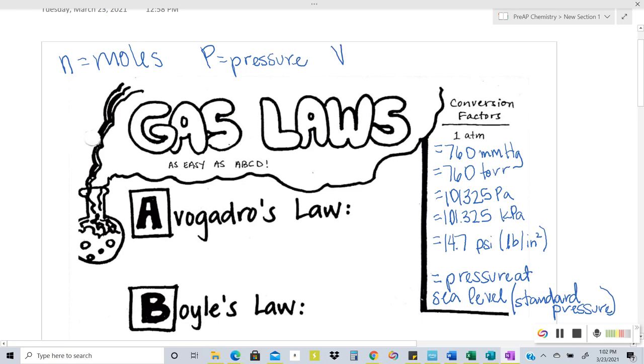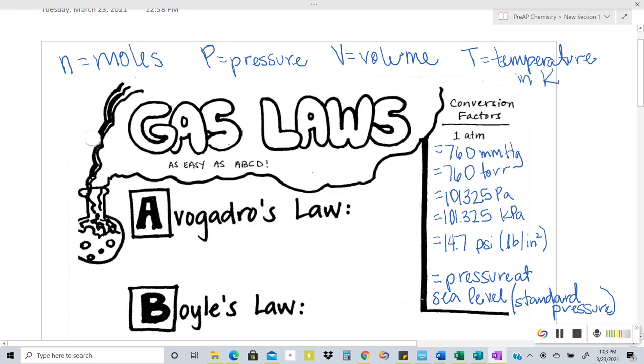This is from the Pogil from last time. V is volume, and T is temperature in Kelvin specifically.